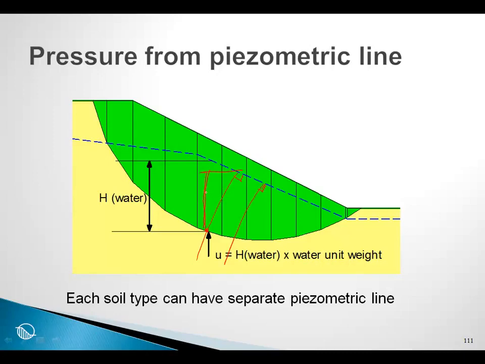But it is worth recognizing that to some degree, particularly if there is a significant amount of vertical flow, the equipotential lines are such that the pore pressure at the base of the slice is not exactly represented by the vertical height from the base of the slice up to the piezometric line.